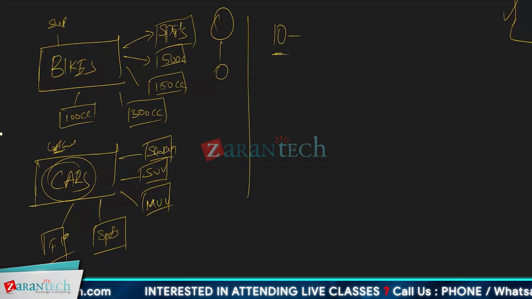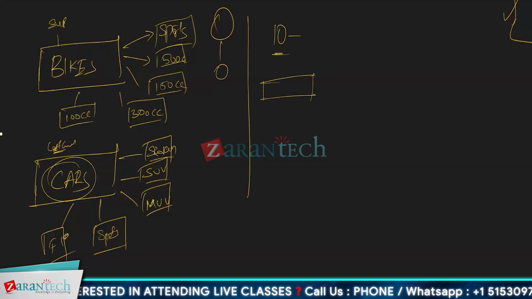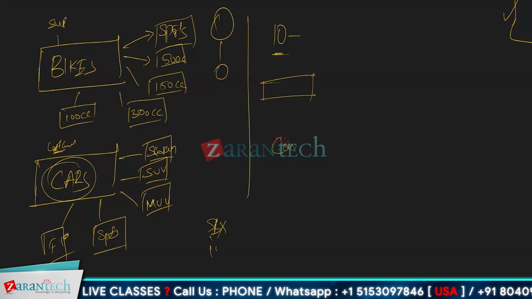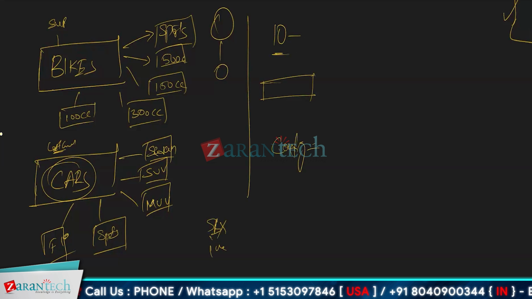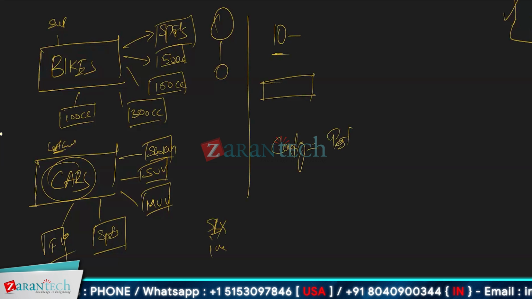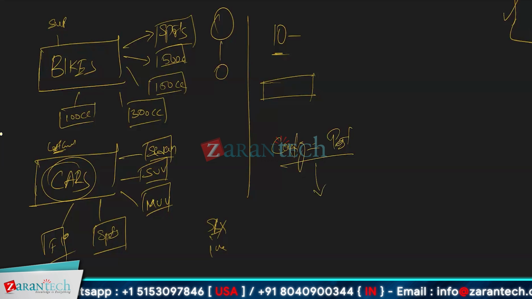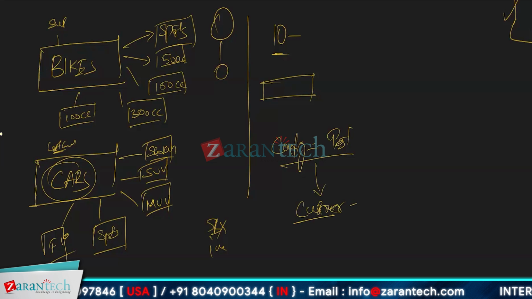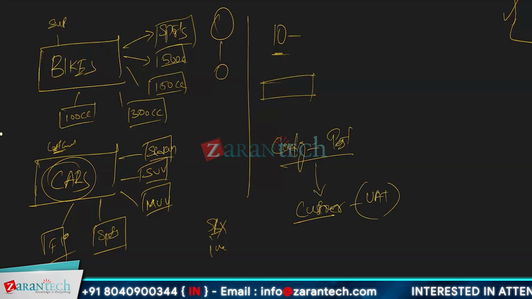Once they are given a ticket, or basically a Jira assigned to them, they will first work on the configuration, maybe in the sandbox or implementation tenant, but they will not be doing it in production. They will first configure it and test it. Once they have configured and tested it themselves, they assign it to the customer, the person who raised the issue, and send it for UAT, asking the customer to test if the fix is working.